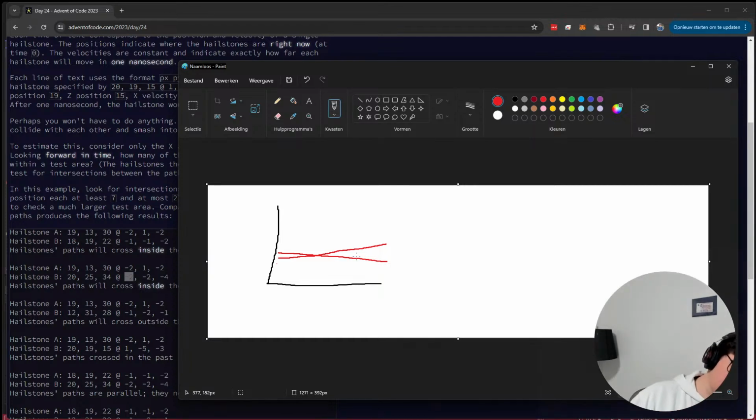It's only one axis that needs to cross for this to happen. Right? Am I crazy?